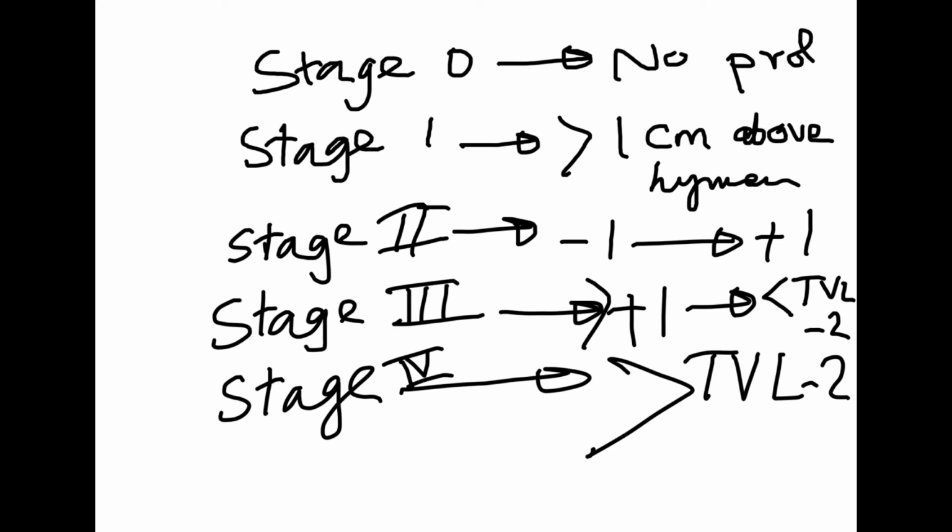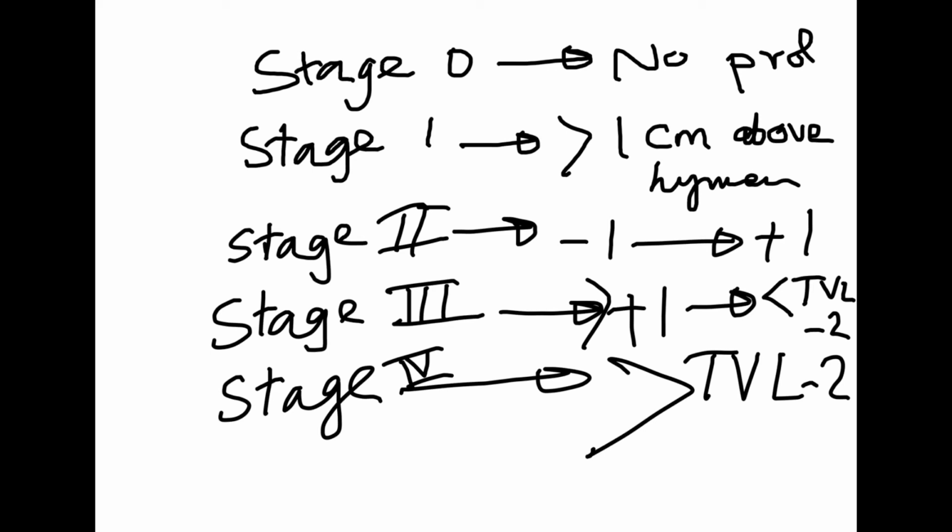Okay, so again, stage 0, there is no prolapse. Stage 1, when the leading edge of the prolapse lies more than 1 centimeter above the level of the hymen. Stage 2, when it is 1 centimeter above the hymen or up to 1 centimeter below the hymen.